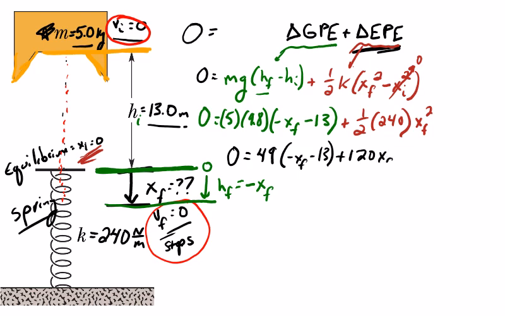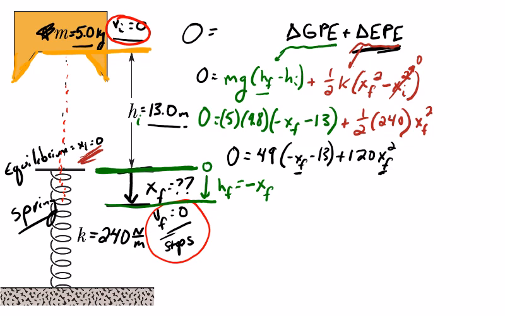And that's times XF squared. Here's the bad part. I've got an XF squared that I'm trying to solve and an XF in here. So unfortunately, this is going to be quadratic. So I'm going to rearrange this so it looks like a regular quadratic, basically an AX squared plus BX plus C format so we can easily solve this.